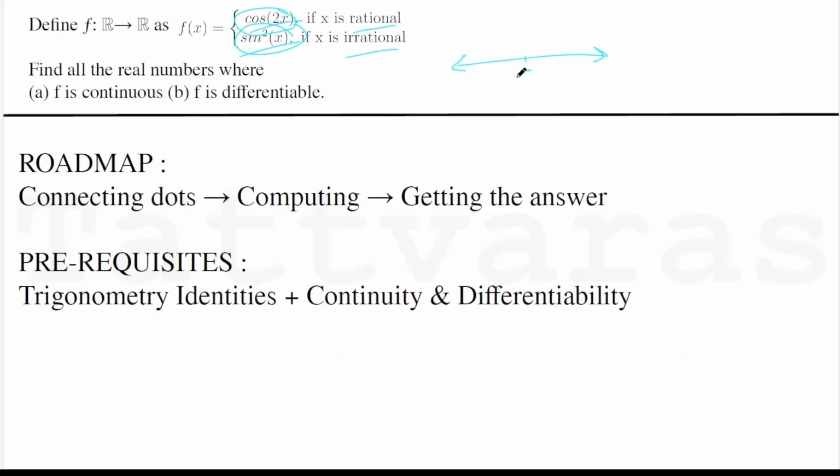Because every rational is surrounded by infinitely many irrationals, and every irrational is surrounded by infinitely many rationals. So we have to go about a rigorous way to write things. Essentially, this could have been a PSA question, but because you would have to write things, it qualifies as a PSB question.